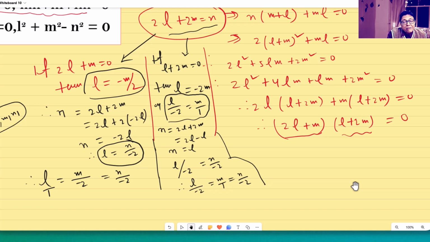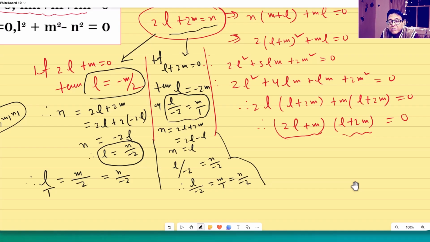No, you haven't got them. You got the ratios. But now you have to get exact values of LMN for the first line, LMN for the second line. How to? I just remind you one basic concept of algebra which you have done before.